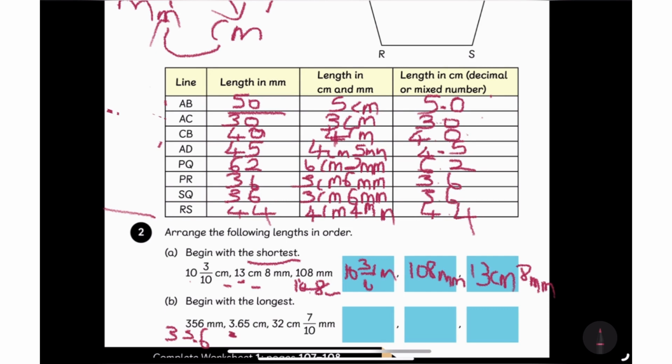In answer, you don't write converted value, okay? In answer, you write the general value. Then I have 32 centimeters, 7 over 10 millimeters, right? And smallest is 3.65 centimeters.